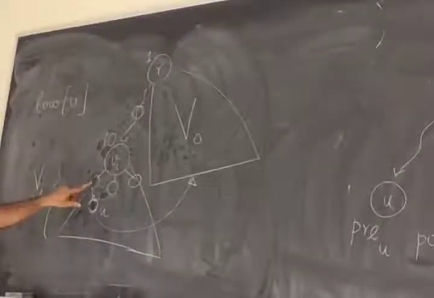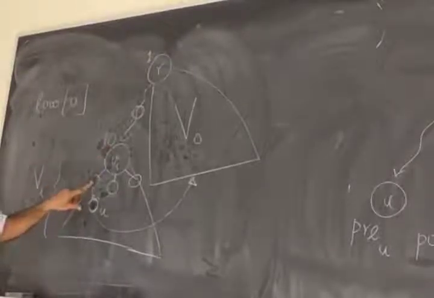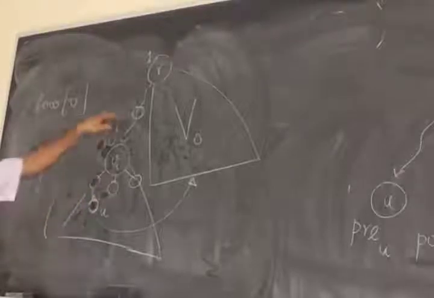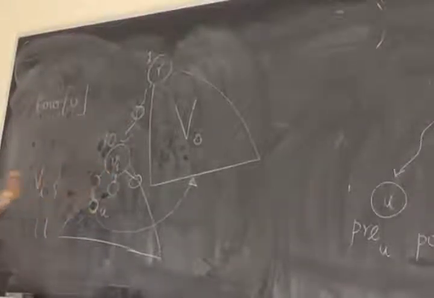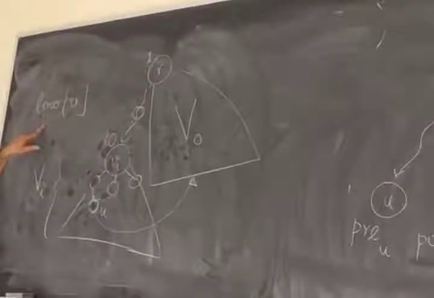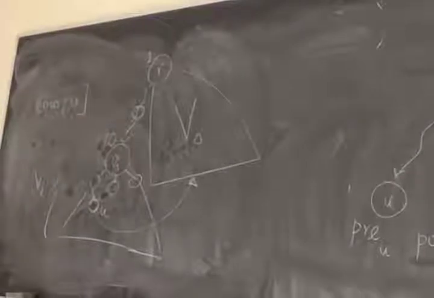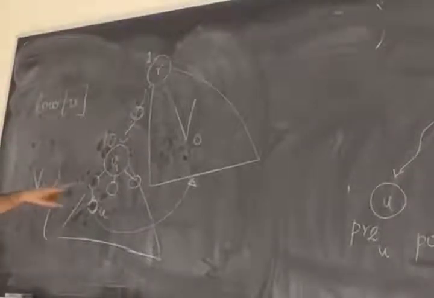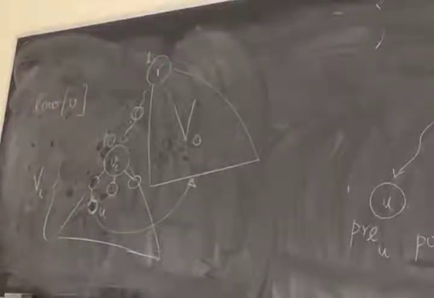And if that happens to be less than 10, that means you have a way to go to an ancestor without going through v. So what we're going to do is maintain this low number and use it to decide whether every one of these children has a way to go back to an ancestor.